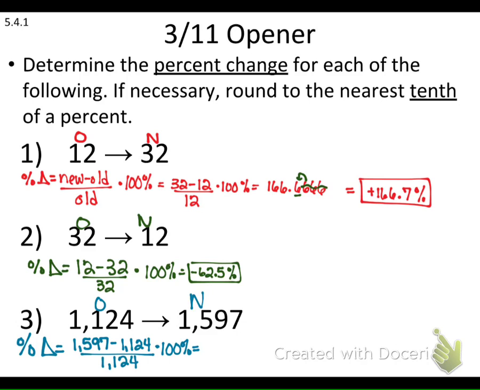So when we type that into our calculator, it's 42.08. Our directions say we're going to round it to the nearest tenth. So what number here is in my tenth spot? 0. It's going to go to a 1 because that 8 is going to round that 0 to a 1.